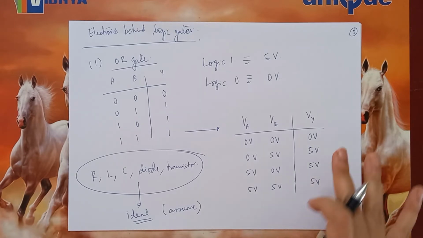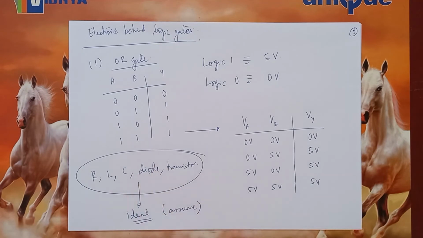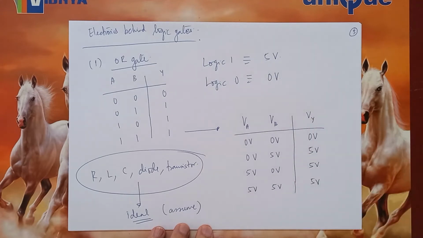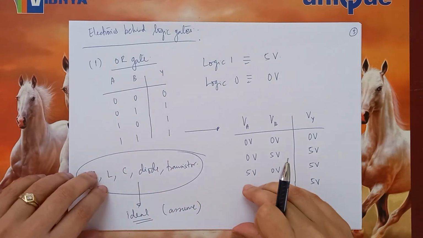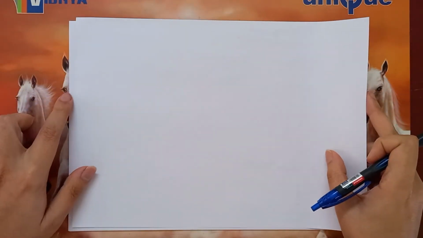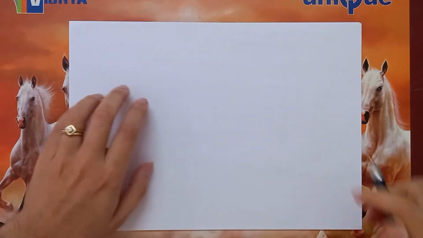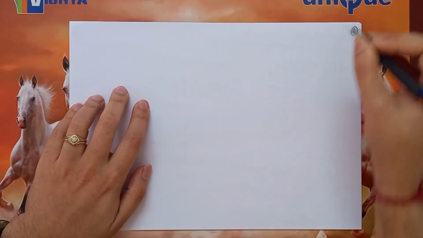Now the question is, we will need to make some kind of a circuit which has two inputs, let us say VA and VB, and one output, that is VY. How can we do this using one or more of these elements? So let us say we try to draw the circuit equivalent of VA and VB.